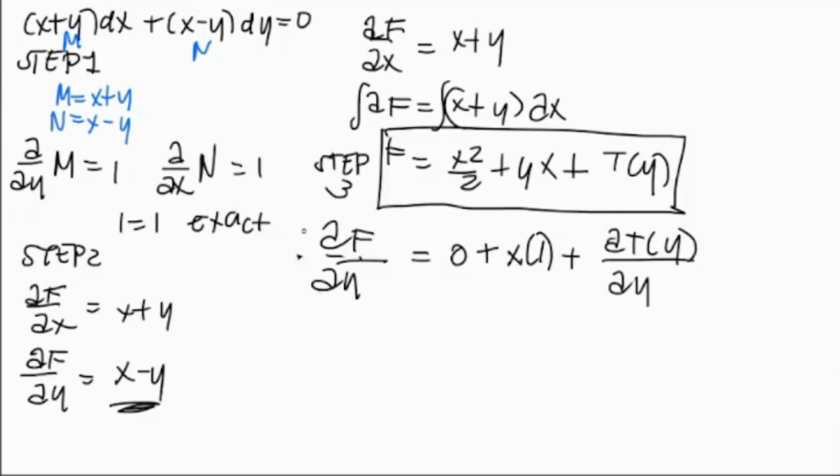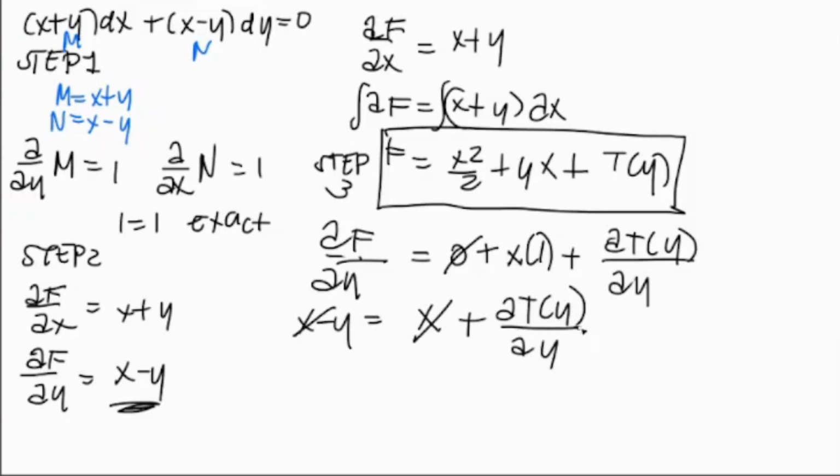So, palitan natin to ng x minus y. So, x minus y is equal to, tanggalin na tong 0, x times 1 is x plus dt of y over dy. So, cancel to. So, ang value ng dt of y over dy is negative y.